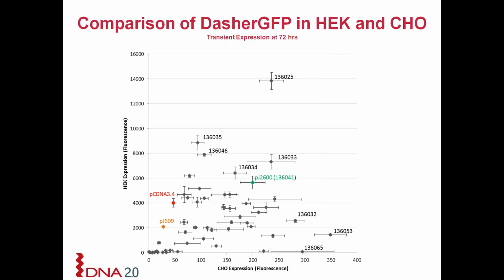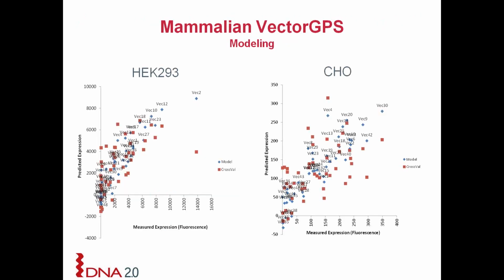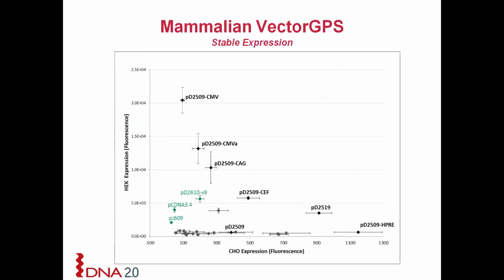However, we are exploring this space, and we currently have a vector GPS project in the works via a collaboration to explore CHO transient expression to further increase our expression yields in CHO cells. So we're trying to get that number up as best and fast as we can. And we're also working, you're probably wondering, on stable as well.